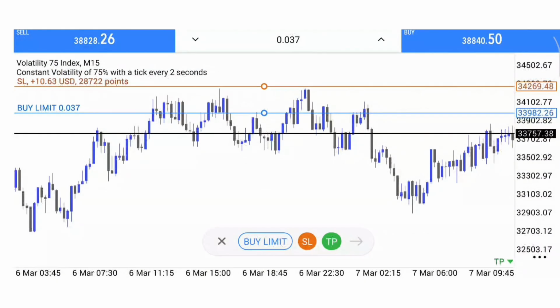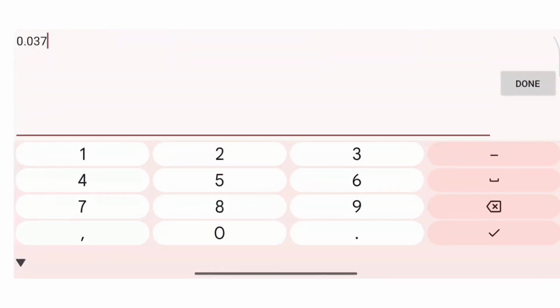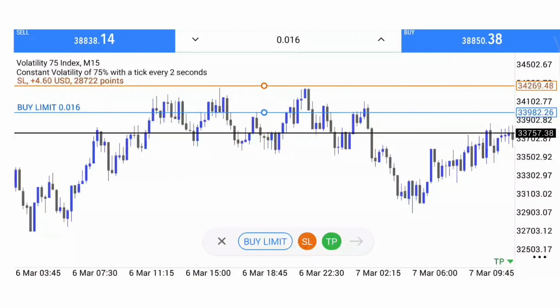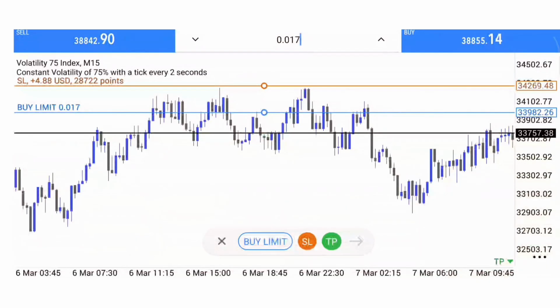Now, since we have that pin bar, let's try to understand how much you're going to be making on this trade if we use 4.31. Okay, 6. 4.88.